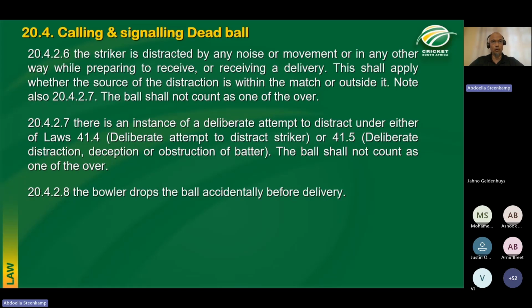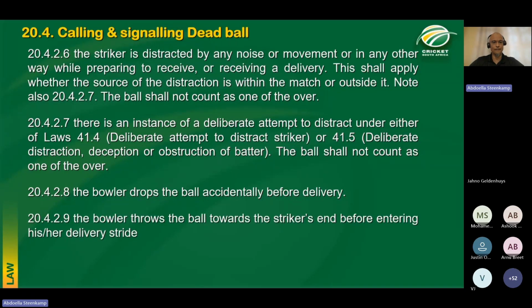If before the bowler delivers the ball, he or she accidentally drops it, call and signal dead ball. If for whatever reason the bowler, while running in and before entering his or her delivery stride, decides to throw the ball at the striker's end, emphasis on striker's end, you need to intervene by calling and signaling dead ball.